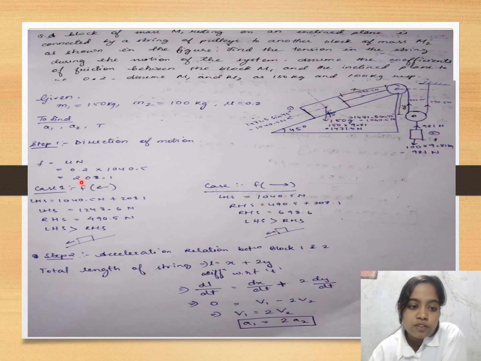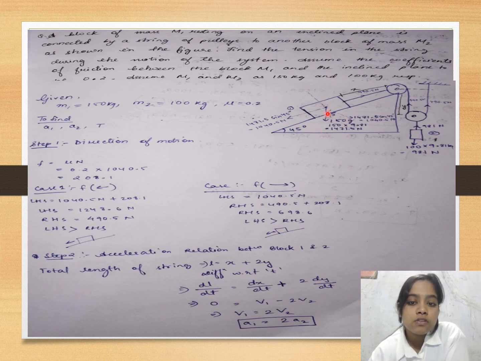Now, as we know, frictional force equals mu into normal reaction, where mu is 0.2. This box is M1, which is 150 into g, where g is 9.81, the gravitational force, and it becomes 1471.5 Newton, which is the weight of M1.